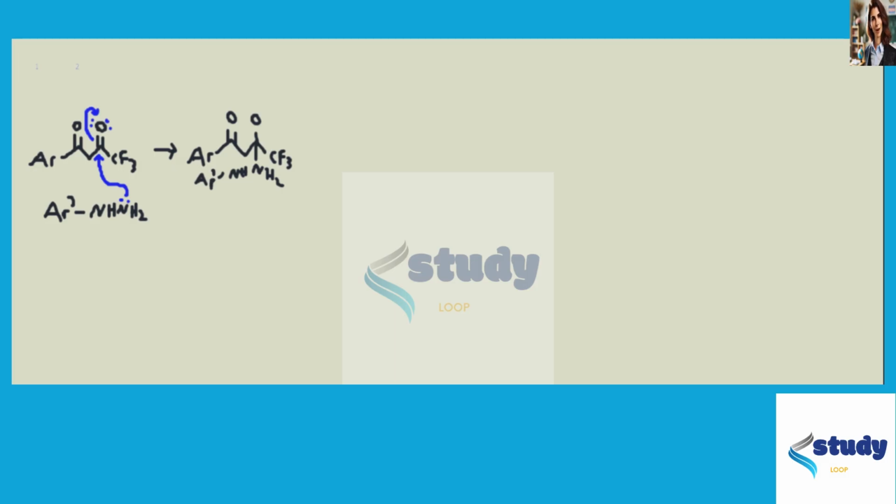Okay. And so the nitrogen is now going to have a positive charge on it. And this oxygen is going to have 3 lone pairs and a negative charge. And so the next step is going to be a proton transfer. So we can just write proton transfer.